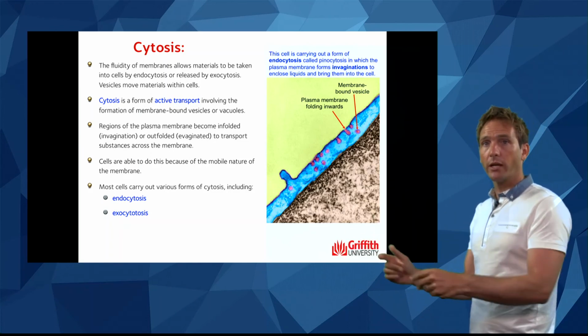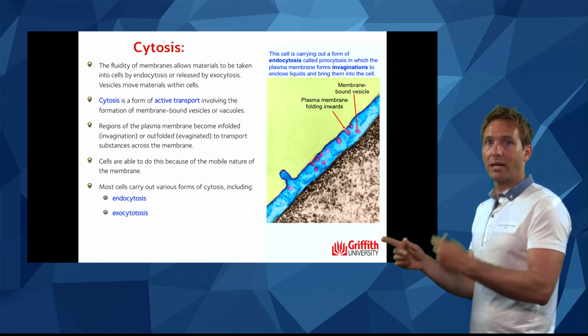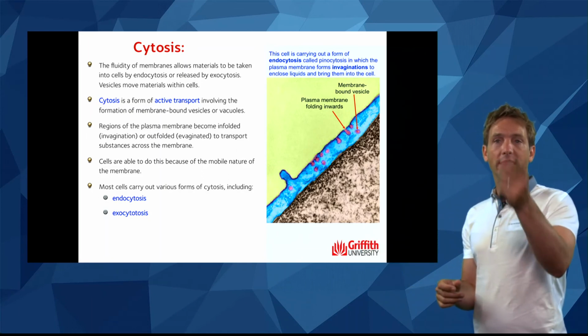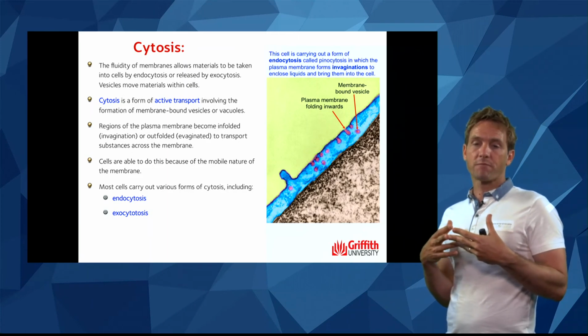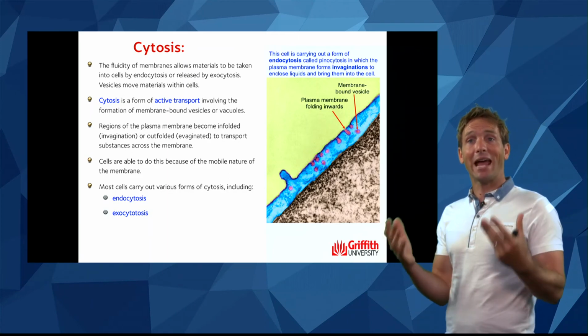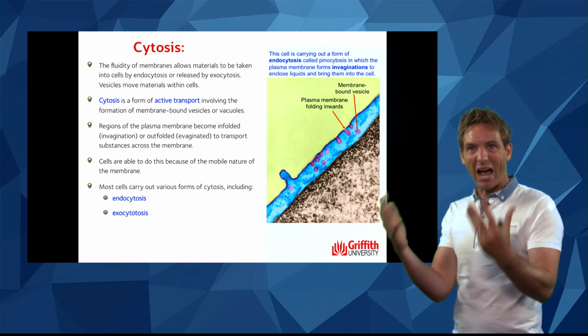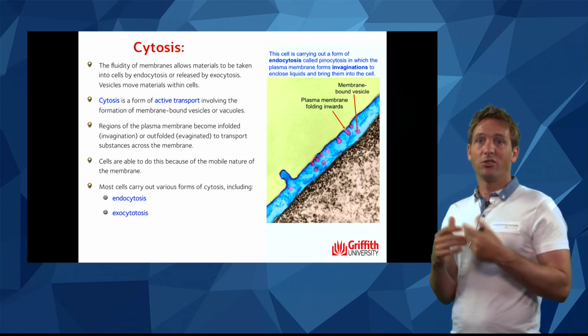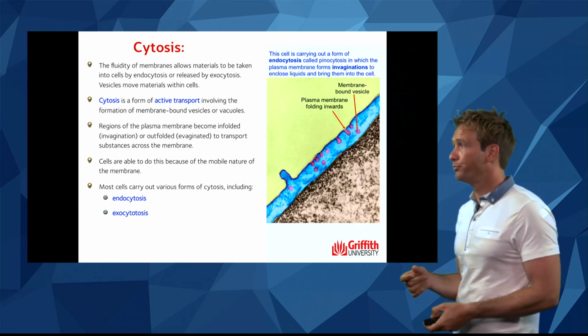Consequently, endo, inwards; exo, outwards. The way that I would try to remember that is that an insect has an exoskeleton, so it's an outside skeleton. And you guys are endo. Your skeleton is endo. It's inside. Cool.